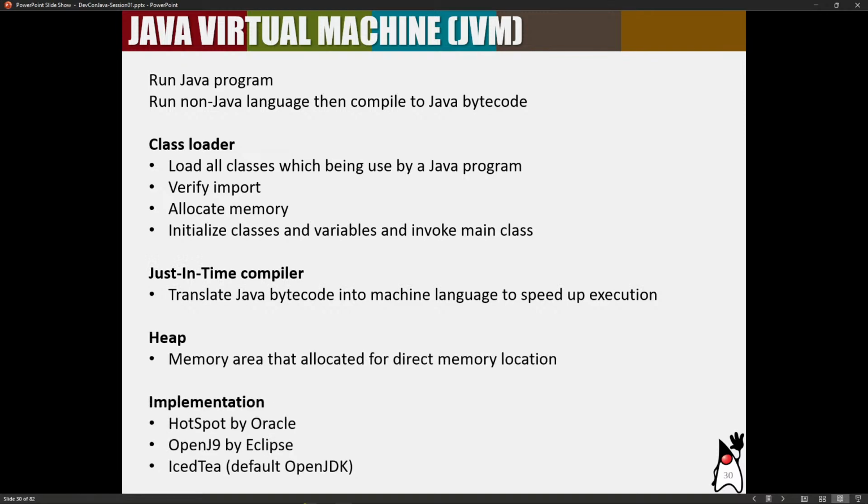So you need to know about the Java virtual machine. This is the place inside your operating system that will control all the activity from your code: from starting, assigning values, calling the API, using the network port.